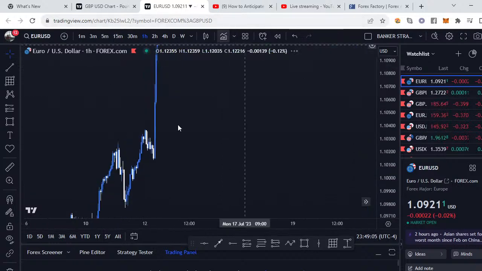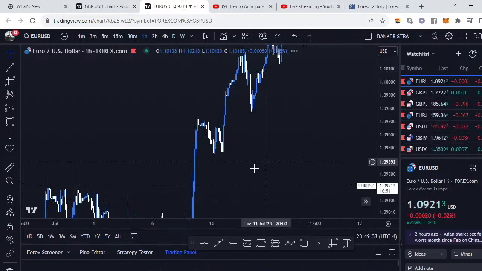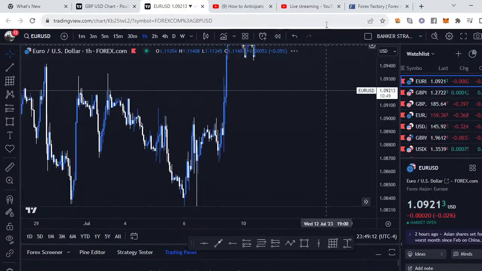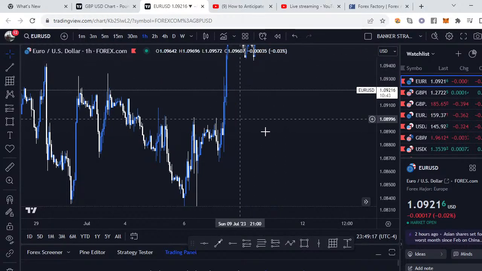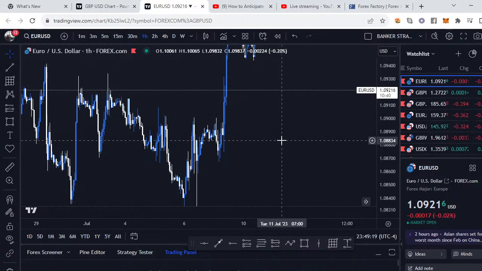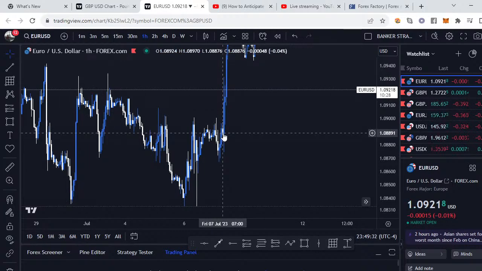Look at that big imbalance candle. Let's see what else. You have different order blocks, but the ones that I want you to learn now are the major ones. The last down candle before the up move. This right here will be considered a bullish order block.